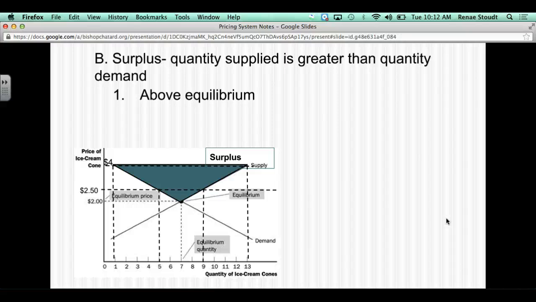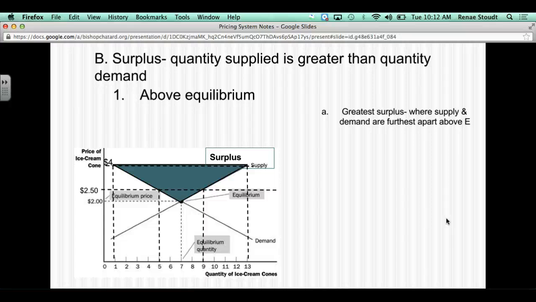The reason I tell you this is that by looking at our graph, we can actually determine the greatest surplus and the smallest surplus. The greatest surplus is where the demand and supply are the furthest apart, and it's above equilibrium. This is going to be the largest section where I have a whole bunch of products left over.